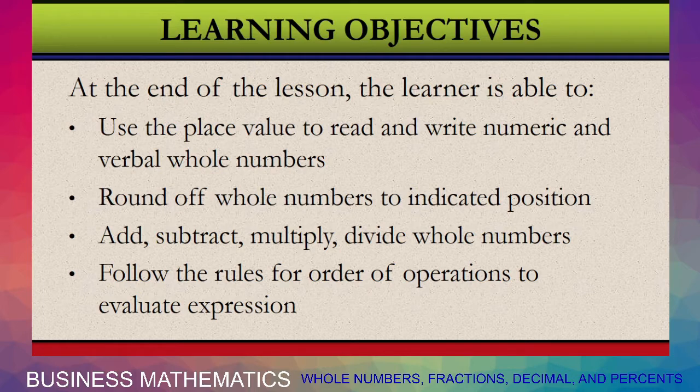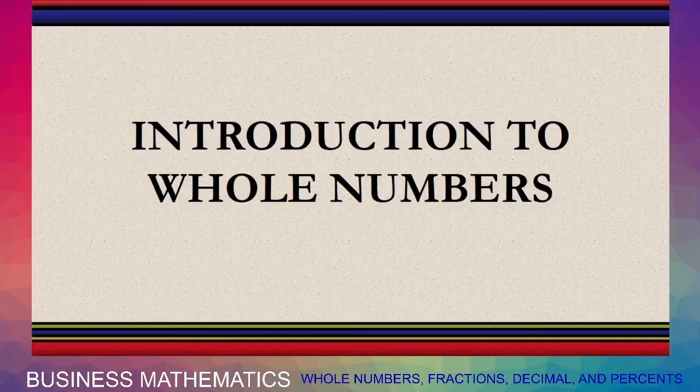So, yung mga didiscuss natin for lesson 1 is napaka-basic na. Dahil na-discuss na din ito nung elementary or nung junior high school kayo. So, parang more on recap lang to. So, next. So, introduction to whole numbers.